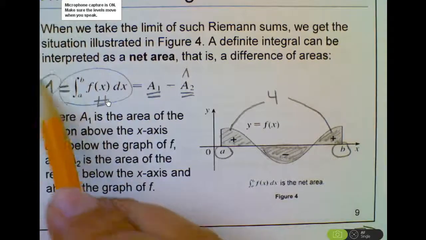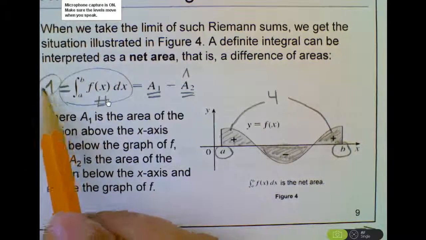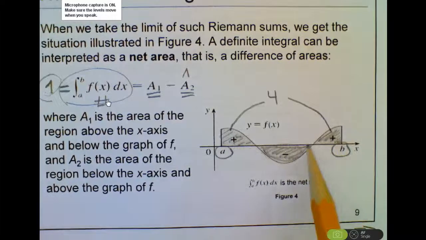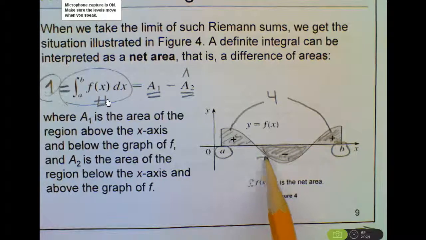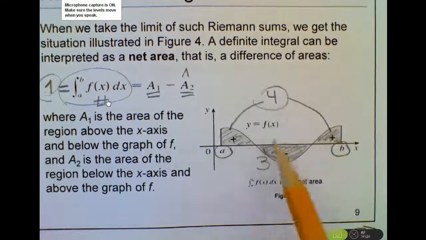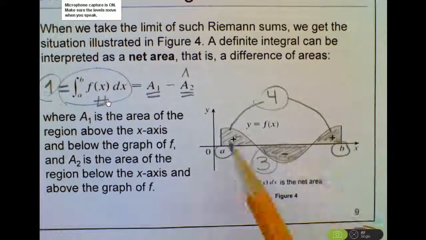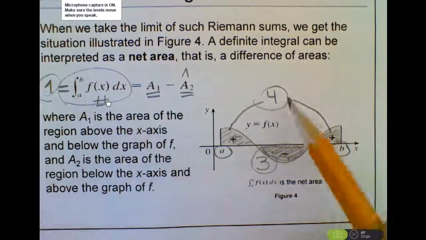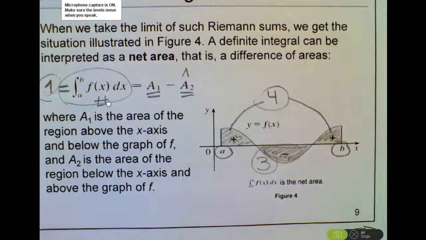Well, I know the integral is worth 1, and the integral includes these two pieces of area minus this area. Then this whole area will have to be 3, because 4 minus 3 is 1. So if this is worth 4 and this is worth 3, the integral is worth 4 minus 3, which is 1.